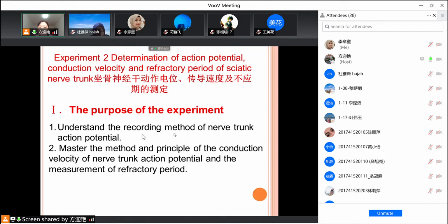But this recording method mainly records outside the cell membrane of the nerve fiber.